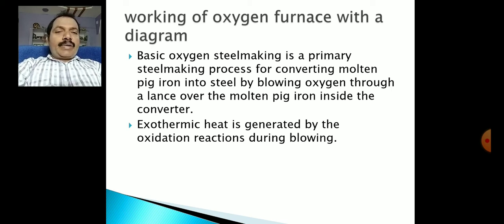So exothermic heat is generated by the oxidation reactions during blowing. Because of this heat generation, slag is formed on the top layer and molten steel is formed at the bottom of the vessel.